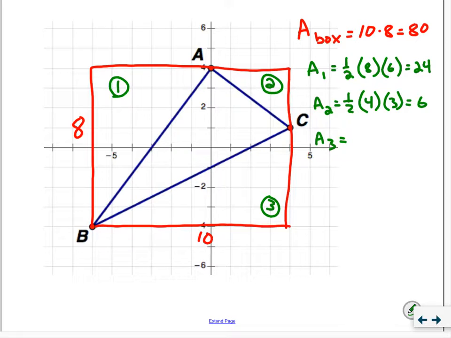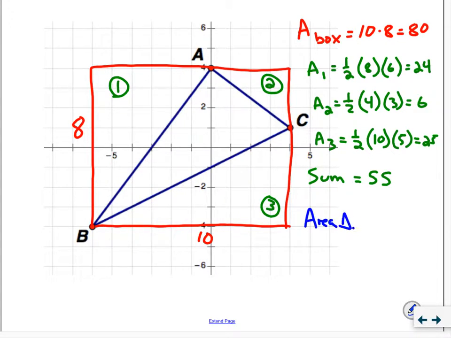Area 3, it's 10 across the bottom. It looks like 1, 2, 3, 4, 5 up the top. And that's going to be 25. So then the sum of these areas, 25 plus 30 is 55. So then if I want the area of ABC, I'm going to do my total area minus the sum, and look what I get, 25.